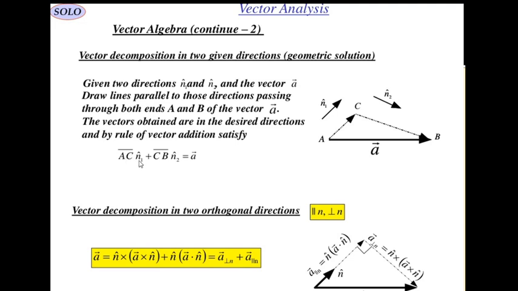So a certain numerical value multiplying n1 cap plus a certain numerical value multiplying n2 cap is nothing but your A. So AC vector plus BC vector gives the vector A. Basically you can represent any vector as a combination of two perpendicular vectors. In the same way, with the notation of the vector product and the dot product, you can also represent any particular vector.